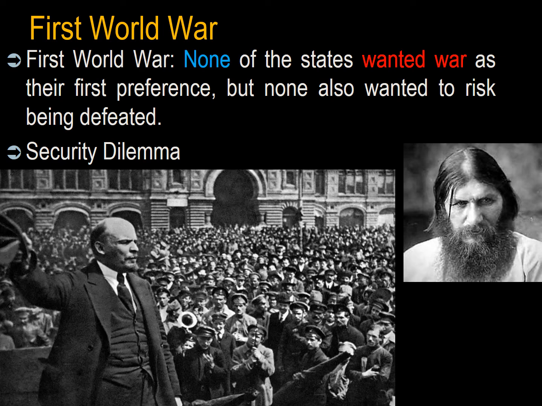So the major powers locked themselves into alliances that made it very likely that if a dispute escalated, they would be dragged into war. You can see Lenin, the leader of the Bolshevik communists, on the left, and you can see on the right Rasputin, who was a spiritual leader who was influencing the family of Nicholas II, the Tsar of Russia, during the First World War.